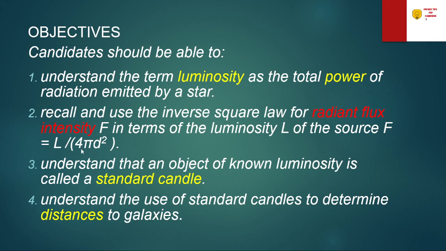And you now know what a standard candle is, that is an astronomical object of known luminosity. Also, you understand the use of standard candles to determine distances of galaxies. We said that the Cepheid variable stars tend to change their luminosity, so they take the same values of luminosity after a certain period, which tends to be the same.